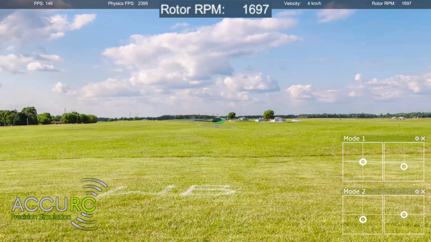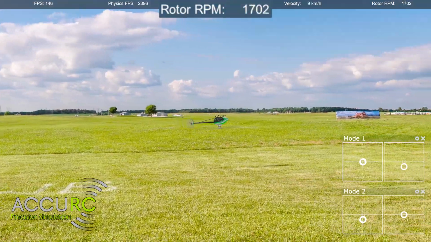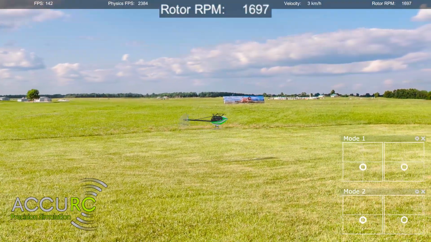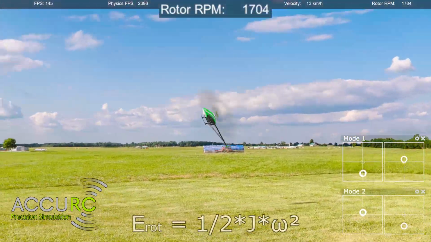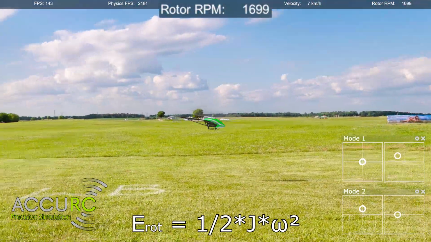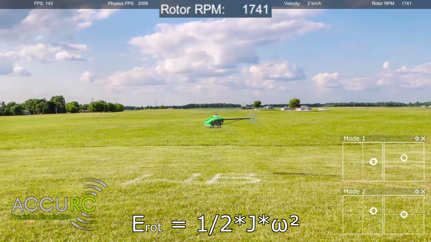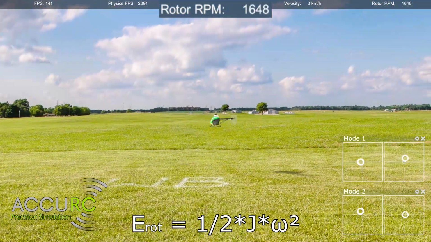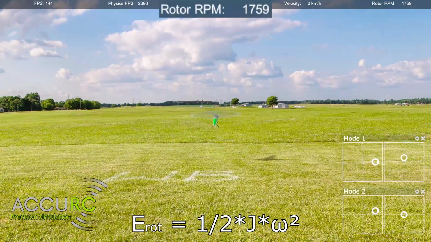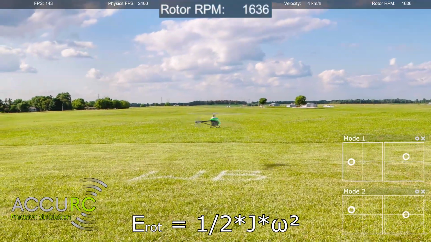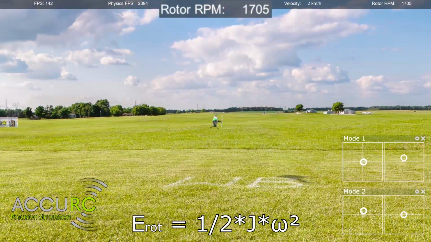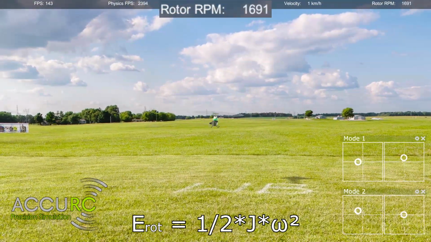Another thing you can do with energy is convert it into rotational kinetic energy. So the main rotor also has an energy stored, which is, I think, a half moment of inertia times omega squared, where omega is the RPM of the rotor.